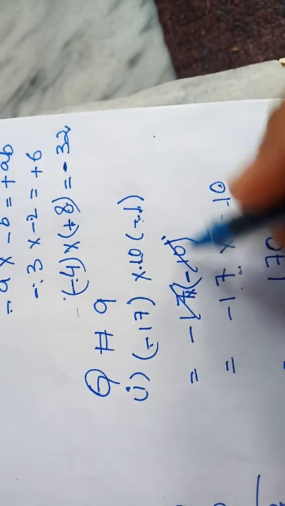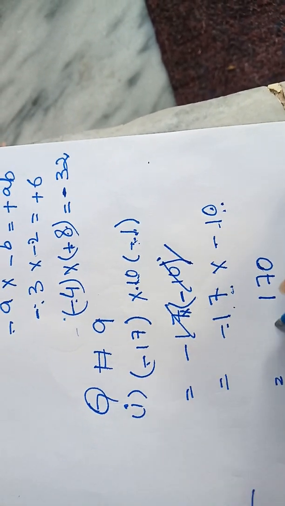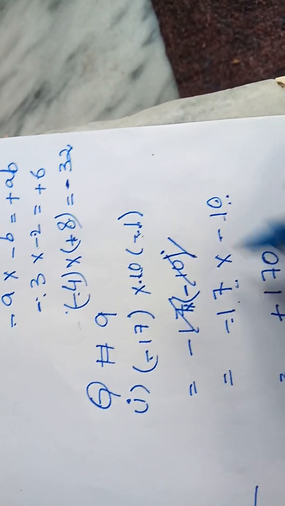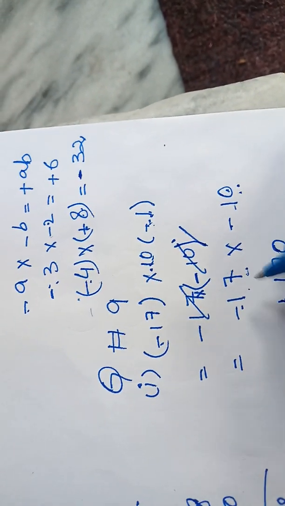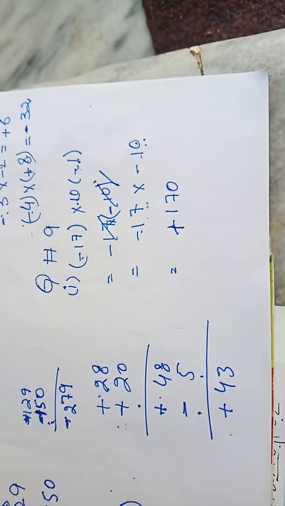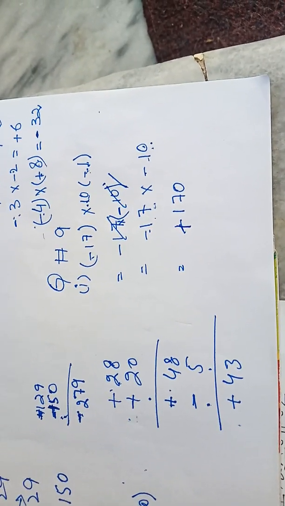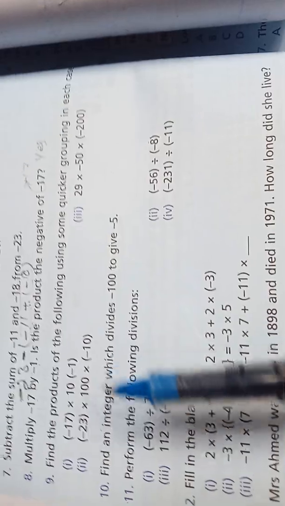You can skip this step. 17 10s are 170, minus minus plus. If two signs are being multiplied, they will become the same. By following the same steps you are able to do the other questions. Question number 9.